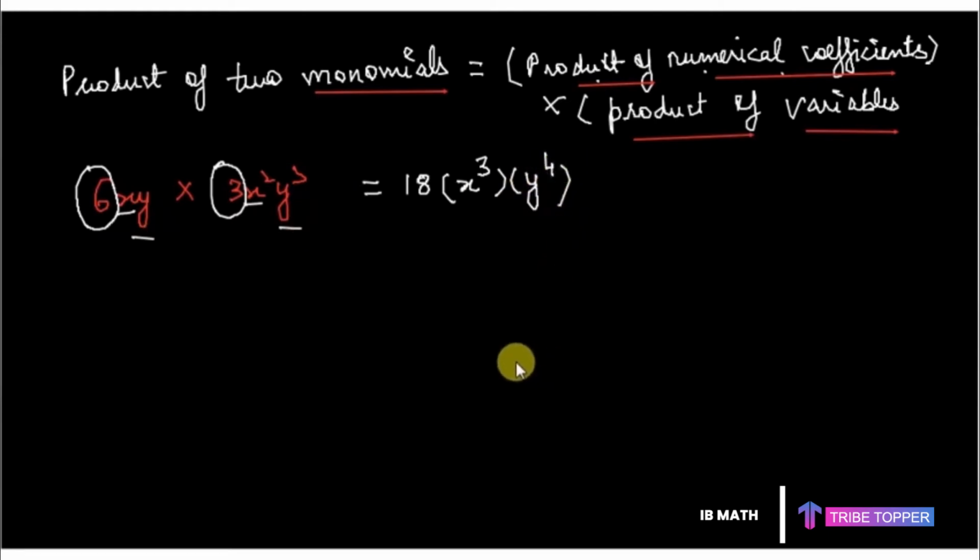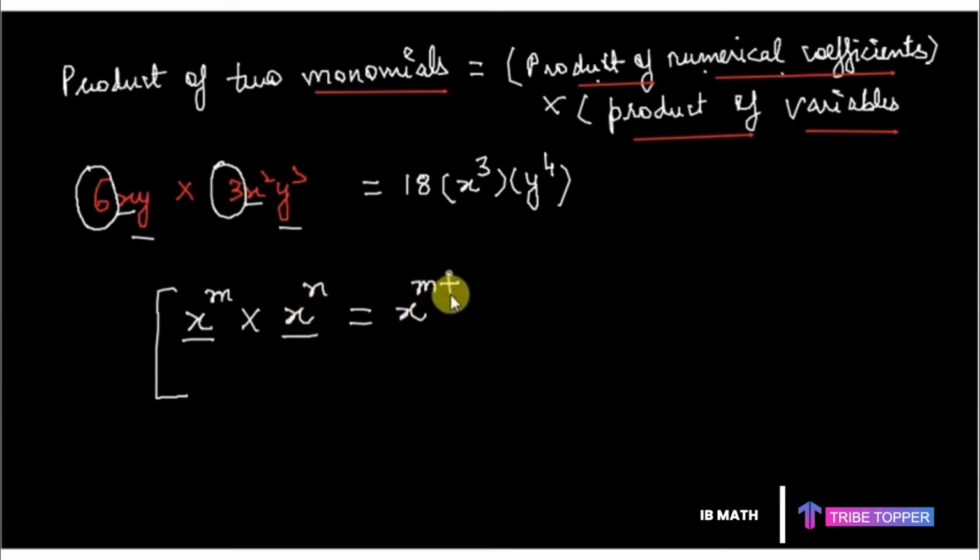And here I hope you know already that we are applying the law of indices: if you have x raised to the power m multiplied with x raised to the power n, these are exponential functions where we have powers or indices and the base is the same. This is also x, this is also x. Then the product of x raised to the power m into x raised to the power n becomes x raised to the power m plus n. So that is the law of indices: if your base is the same, I will add the powers.